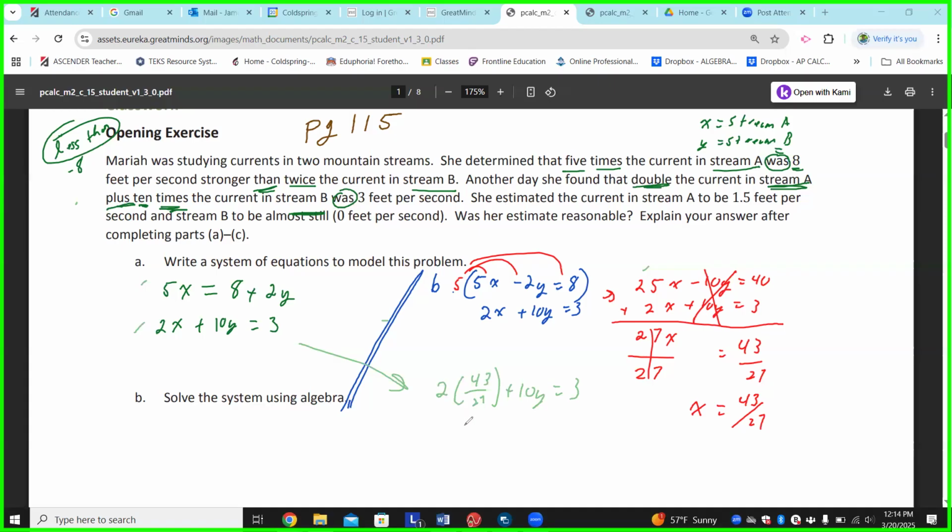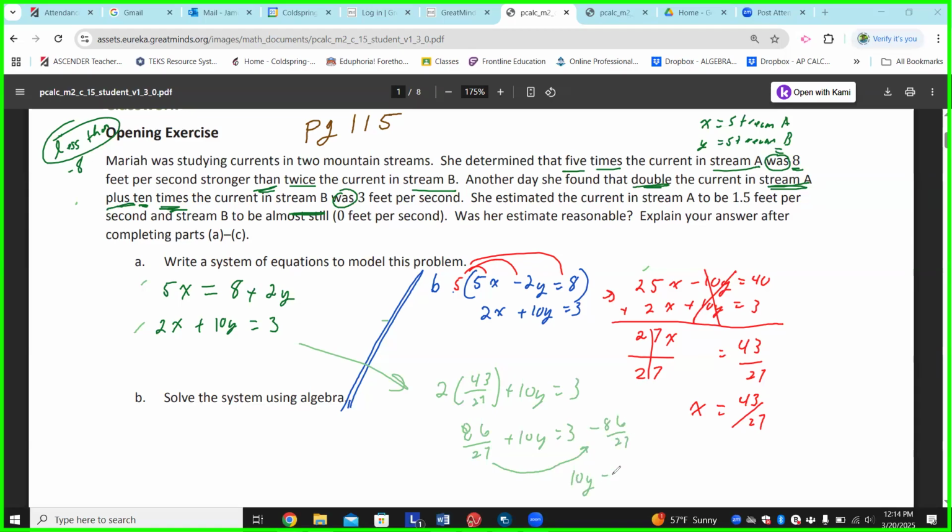So 2 times 43 over 27 would give me, good, 86 over 27 plus 10y equals 3. What would you do next? I would subtract this 86 over 27.